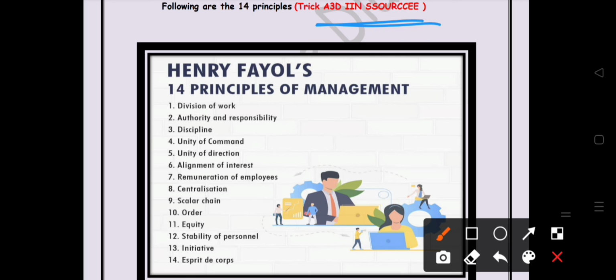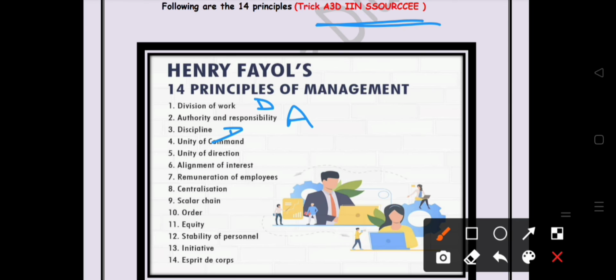So as you can see, this chart or the image which I have inserted here. First is the division of the work. In this, D stands for the division of work. Then authority and responsibility, that is, with the A you can remember authority and responsibility. Then again D is for the discipline.